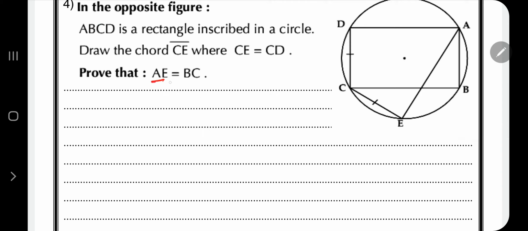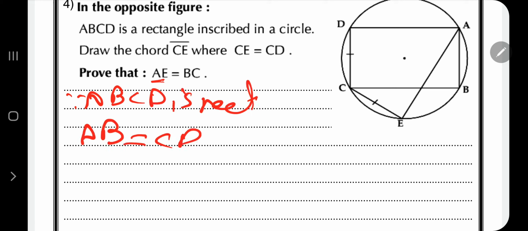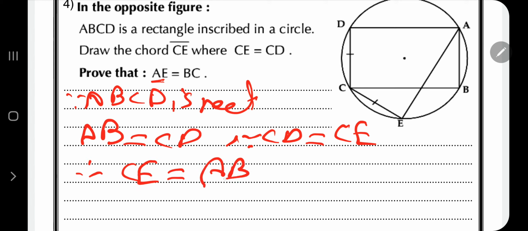Here he asked me to prove that AE equals BC. As you know, since ABCD is a rectangle, that means AB equals CD. Since CD equals CE, that means CE equals AB.